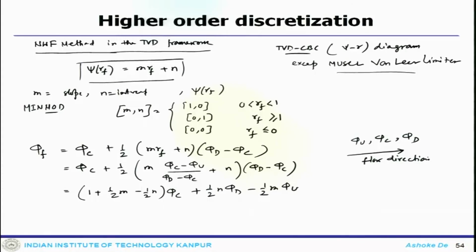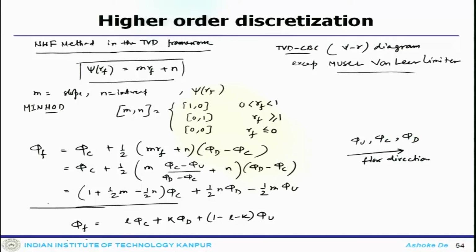One thing you can obtain is that this expression has the same form as the earlier expression, if you write it as phi f equals L phi c plus k phi d plus 1 minus L minus k phi u.